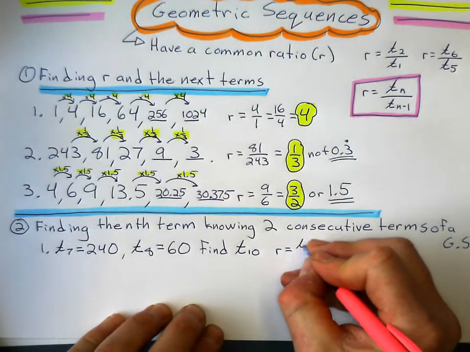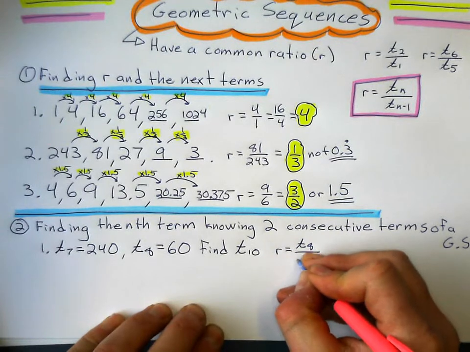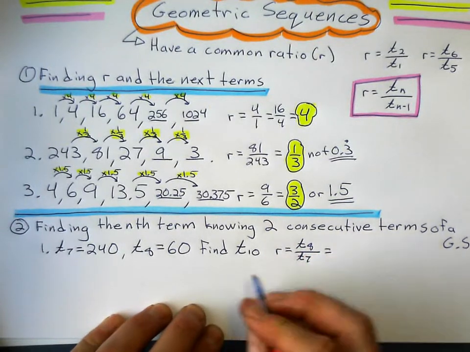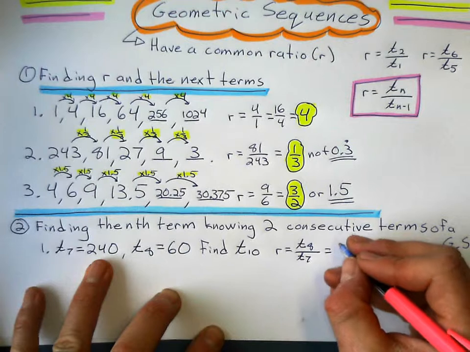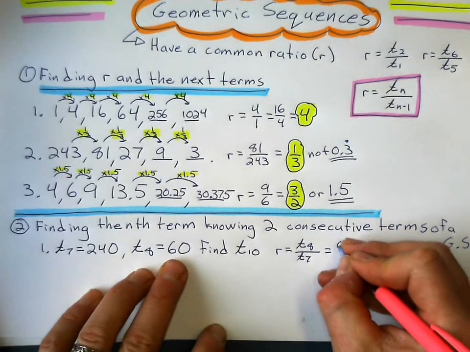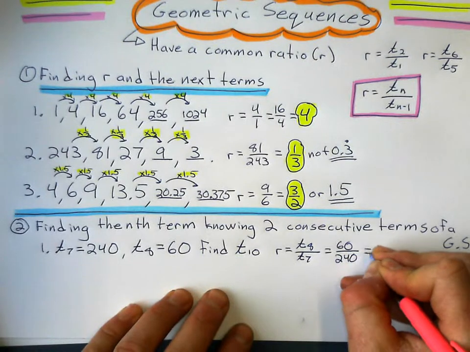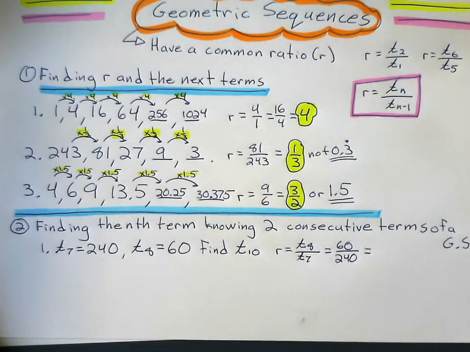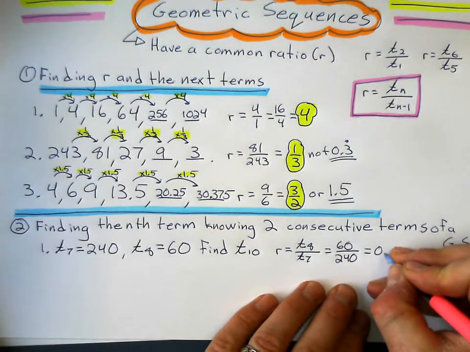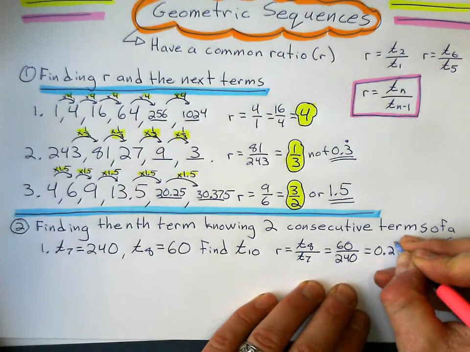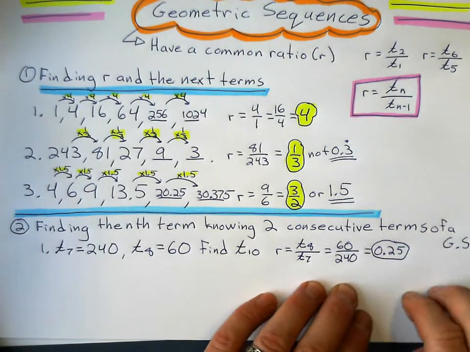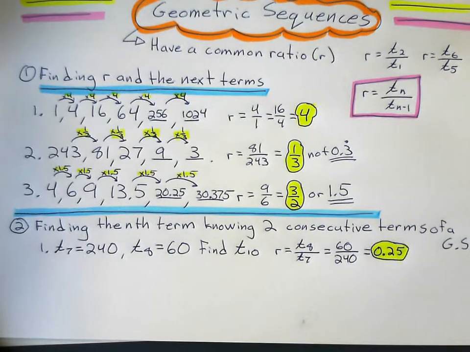Okay, common ratio is going to be the 8th term divided by the 7th term. That's 60 divided by 240. So my common ratio looks like it's going to be 1/4, or 0.25. 0.25 is okay, because that's a terminating decimal. I'm going to leave it like that.